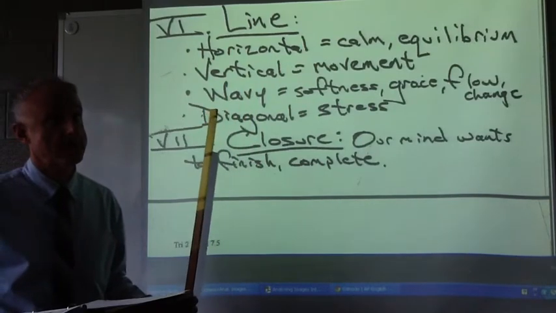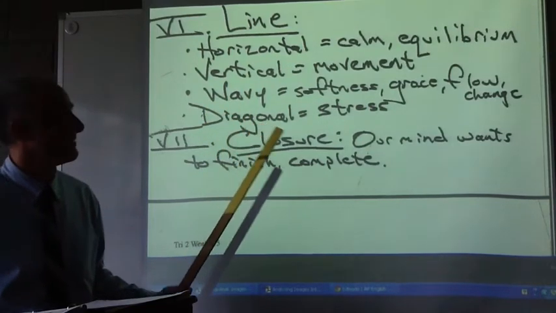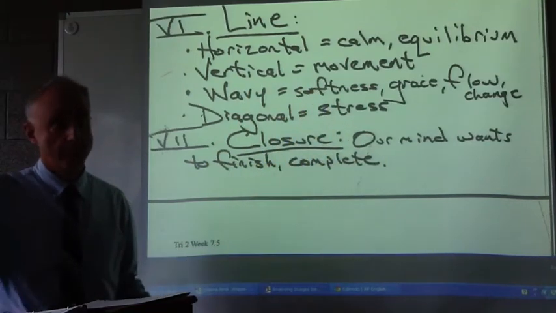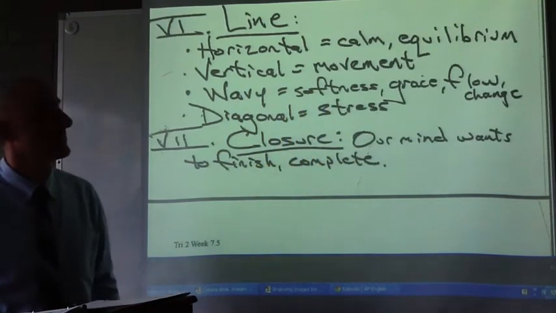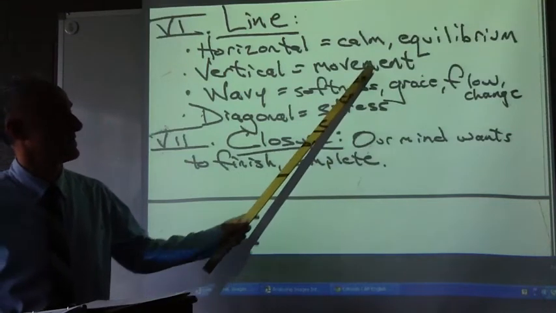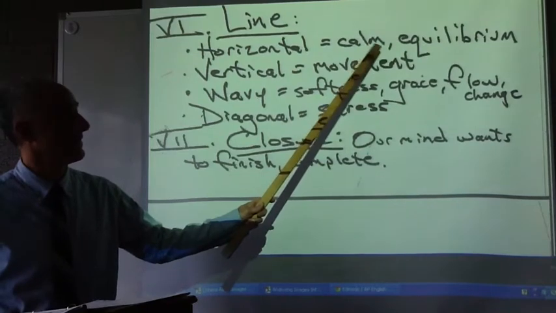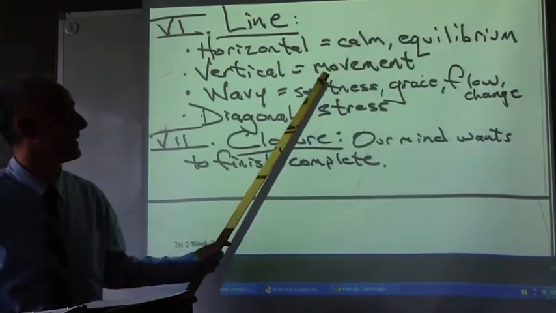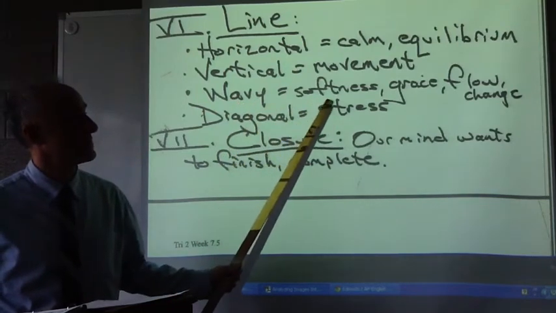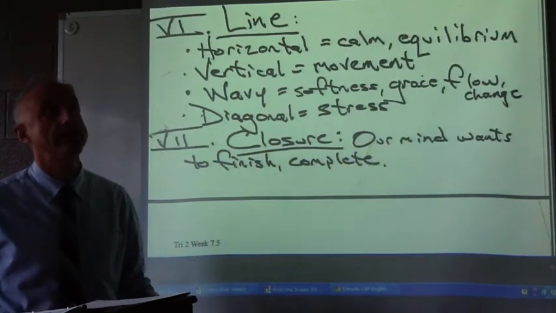Someone who's creating advertisements, you know that they have these things in mind. Vertical lines symbolize movement. That one's a little harder to explain, but maybe just the opposite of the stability of the horizontal. Movement for vertical. Wavy, softness, grace, flow, and even change.